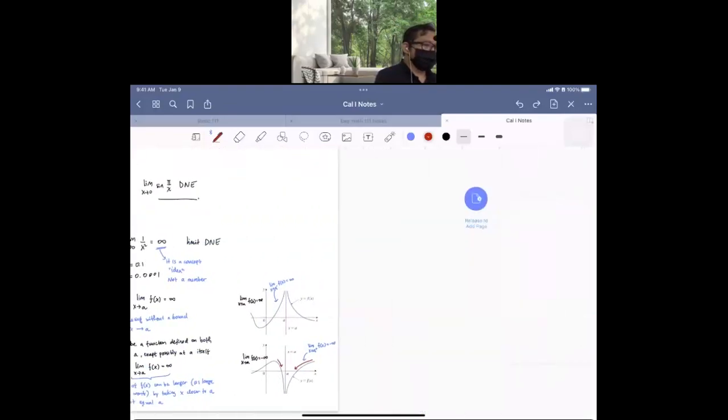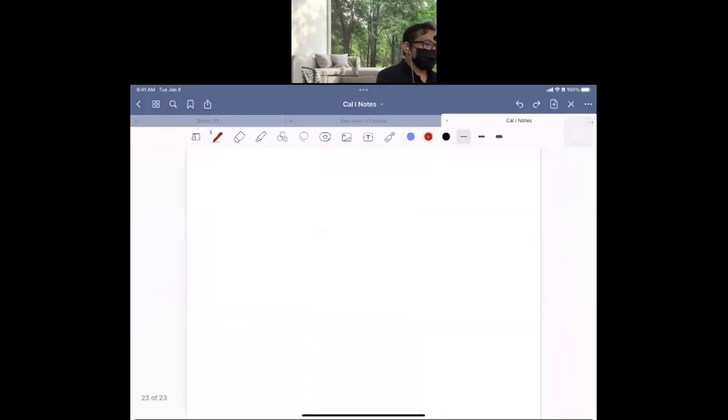Okay. So for example, let me go through the slide here. If we check the function 2x over x minus 3, of course, we can think first of the domain.